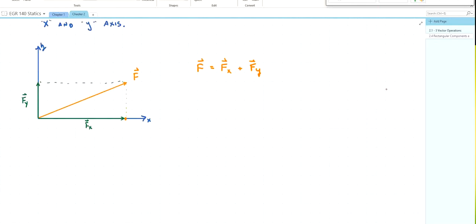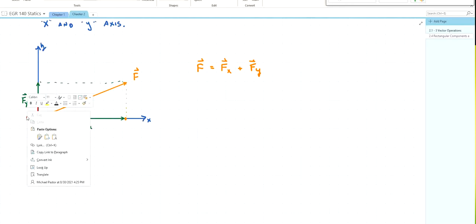So now let's define a unit vector. A unit vector has magnitude 1, and let's define the unit vector in the direction of x, and we'll call it i. It's a vector. And then let's define one in the direction of y, which we'll call j. And they have a magnitude of 1. That's why they're called unit vectors.